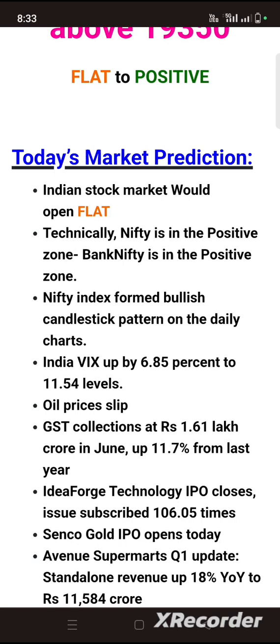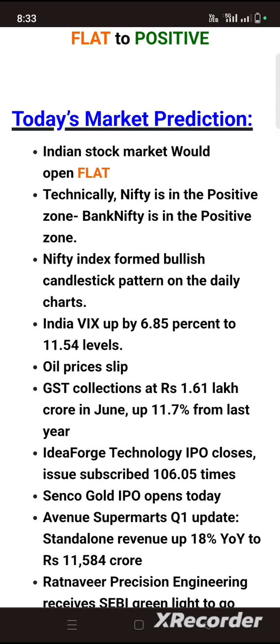So you can use all these data points. You can see the Indian stock market would open flat. Technically Nifty is in the positive zone, Bank Nifty is in the positive zone, and the Nifty index formed a bullish candle pattern on the daily charts.